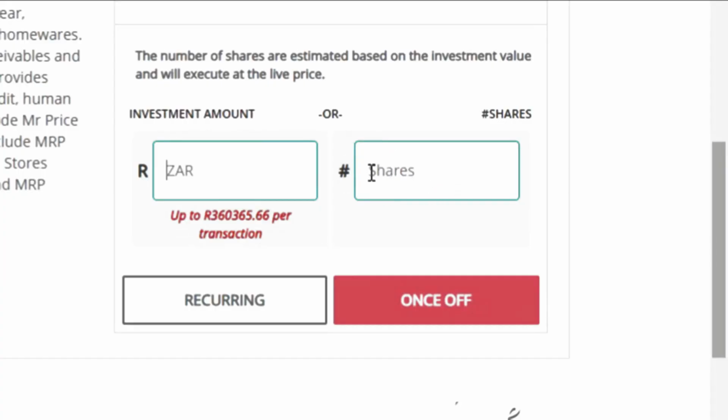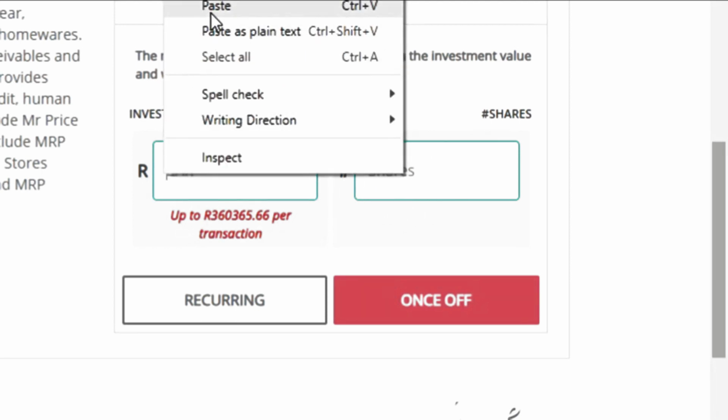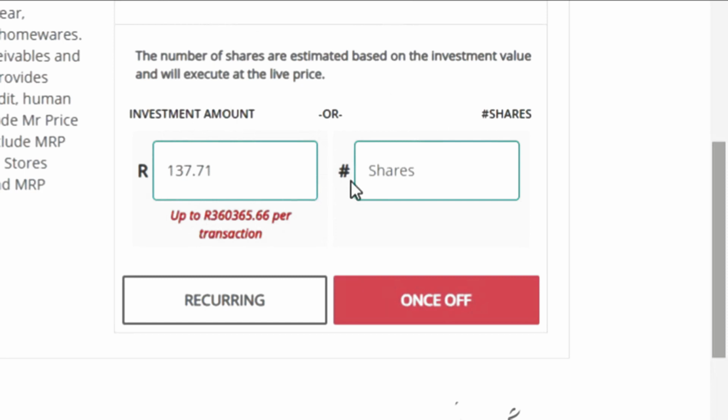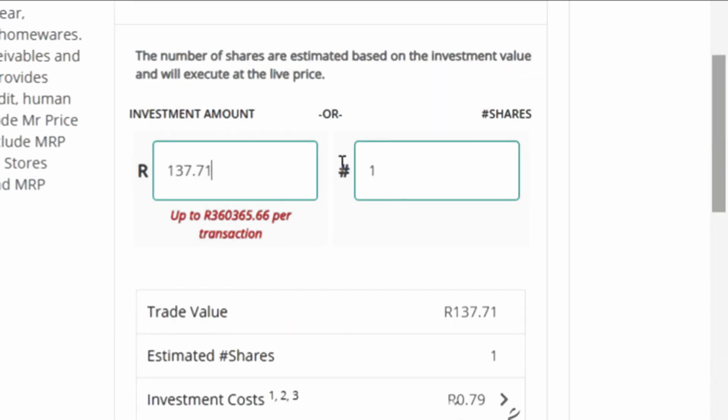I'm obsessed with doing copy and paste, guys. By the way, look at this bar here. It's going to show you how much share you have. So they say 1 share is equal to that. That's 1 share.